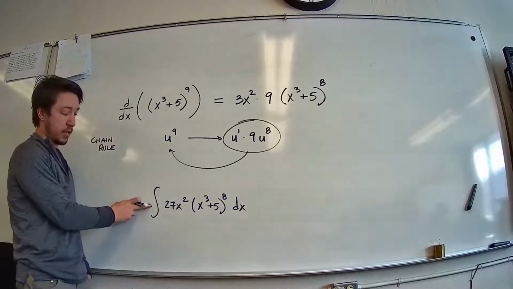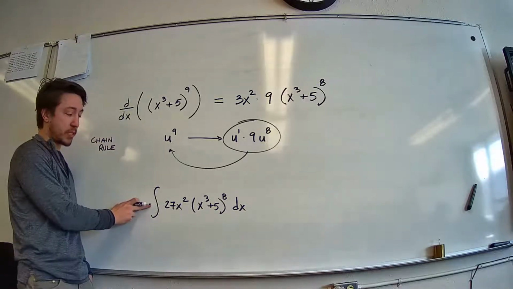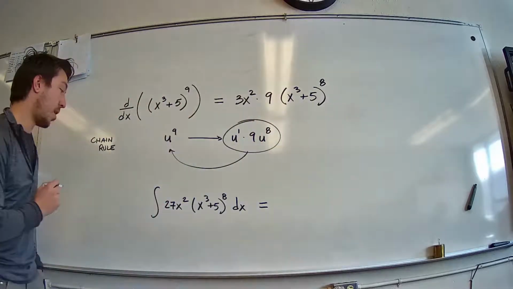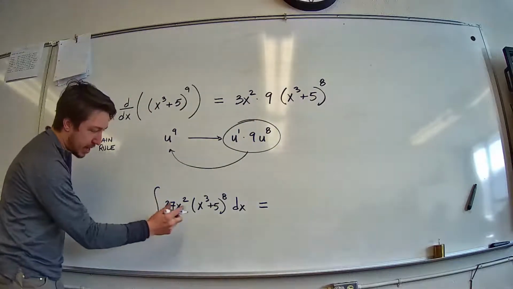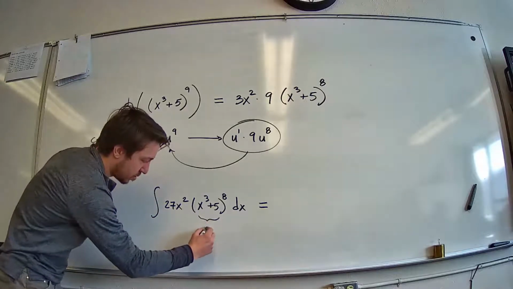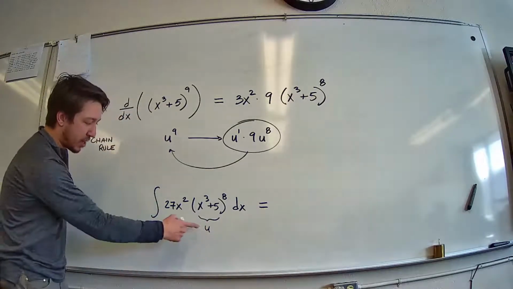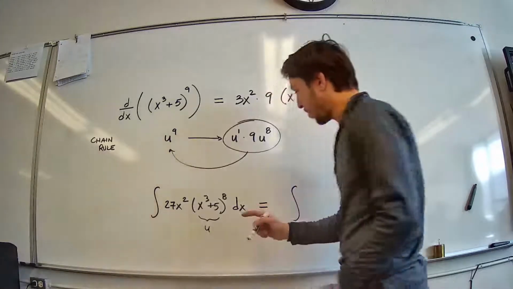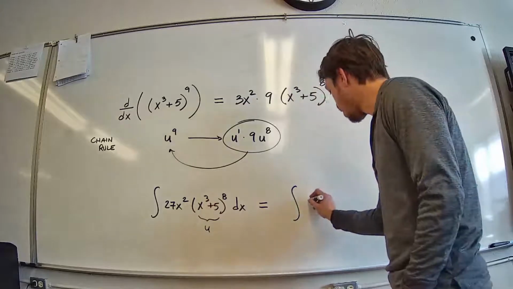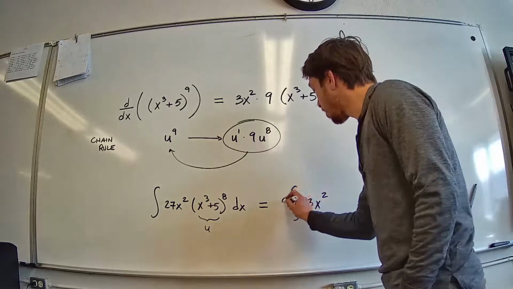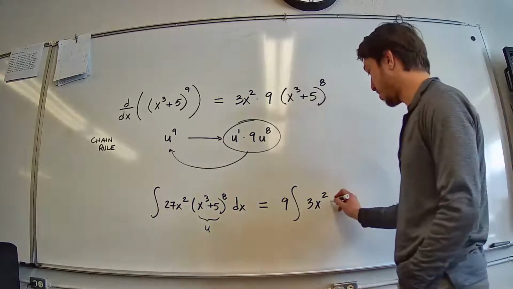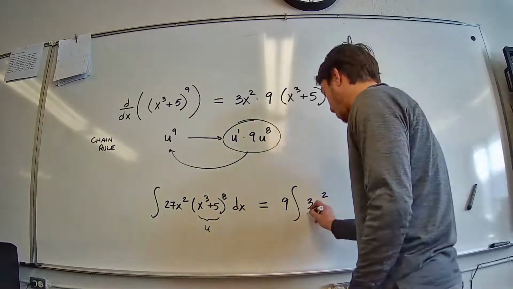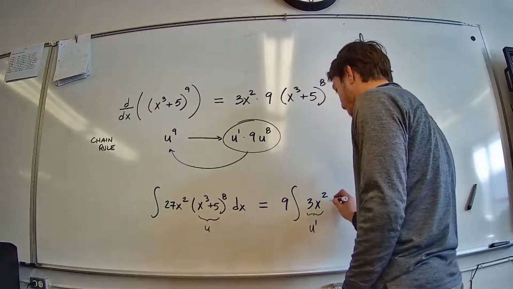So if you solve this integral, the thought process would go: you look at that and go, well, I can see this is my u, and there's almost a u prime there. And so what you would do, you say, well, I know that 27 is, does that make sense? 3 times 9. So you'd say, oh, there's the u prime that I need.